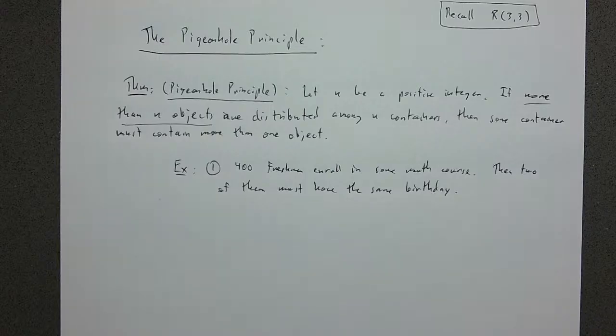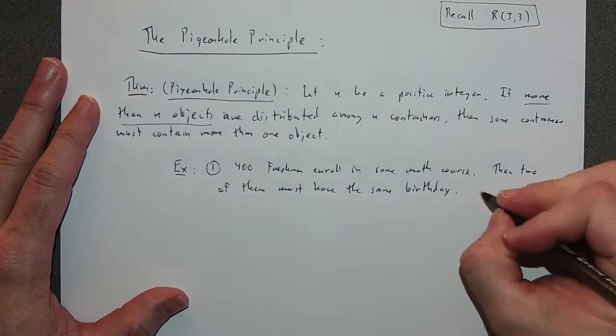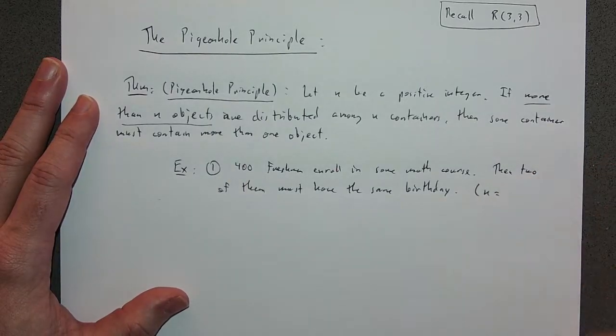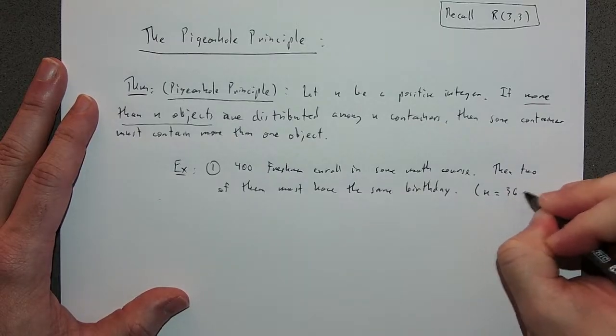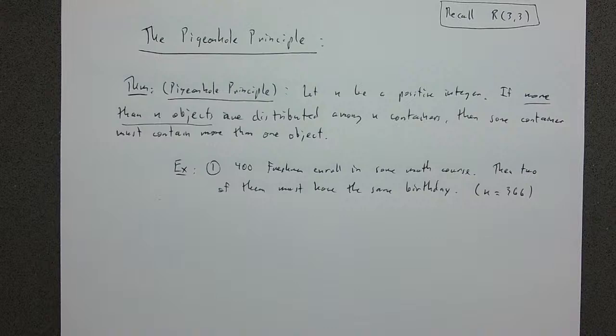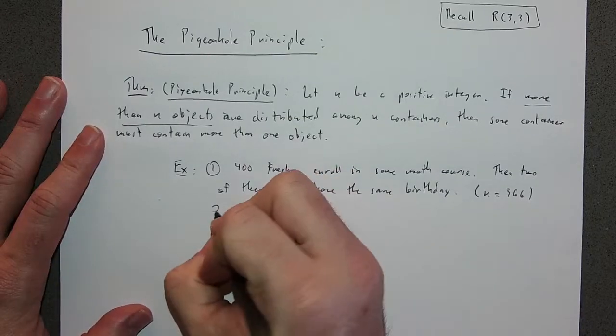Why? You're distributing more than n objects amongst n slots. The n slots are the birthdays. How many possible birthdays are there? Well, 366, right? We're counting people born on leap year day, February 29th.